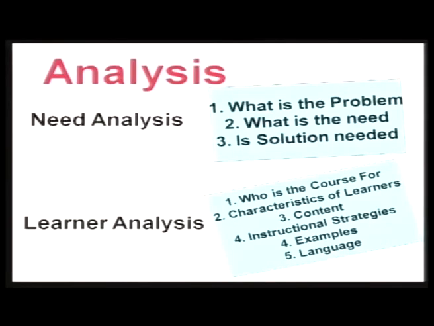What is their background? What is their knowledge? What are their skills? What are their behaviors? So these are several characteristics of learners when you analyze your learner. The next point under the learner analysis is content. What content will you be giving to your learners?